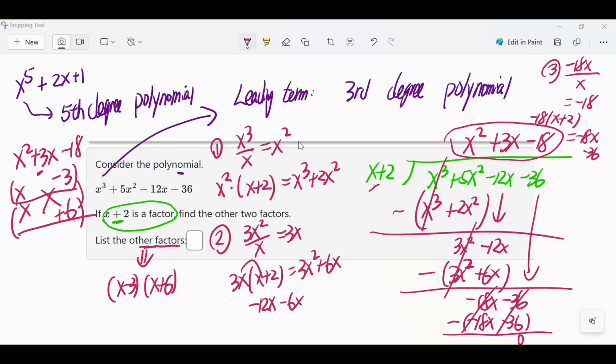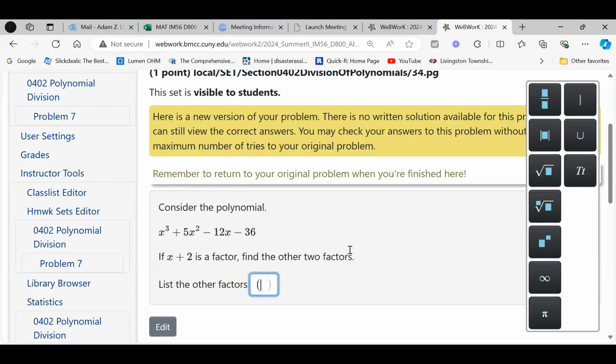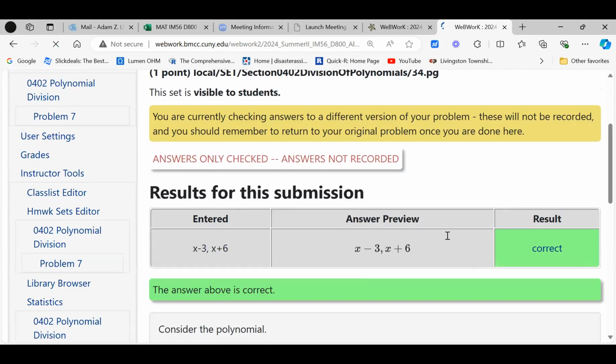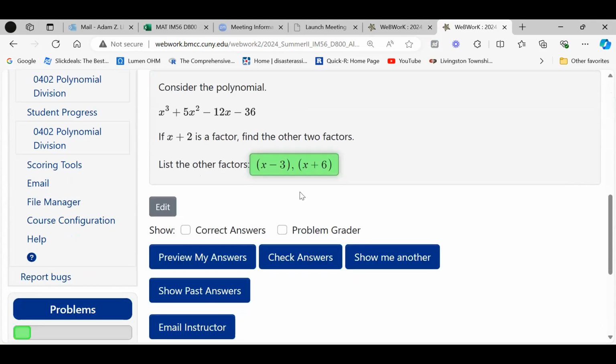Do you guys have any questions about this? Good. And I think there's a comma between x minus 3 and x plus 6. Yeah, they're all good. We just need to put a comma in between.